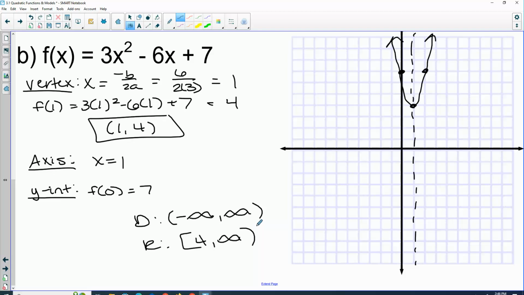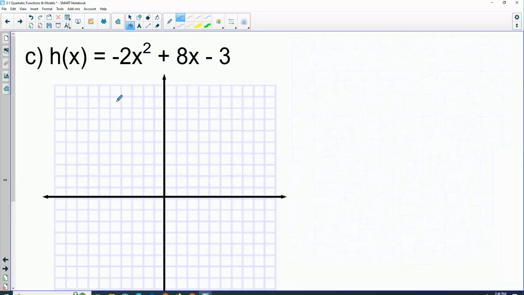Is this okay with everybody? We're going to do one final graph and then I'm done for today, okay? So, vertex. X equals opposite of b, -8, over 2 times -2.